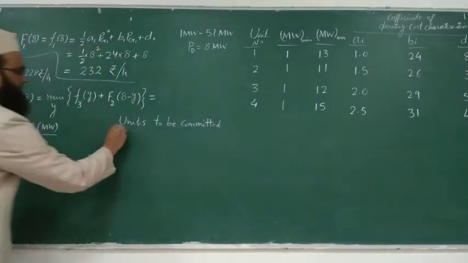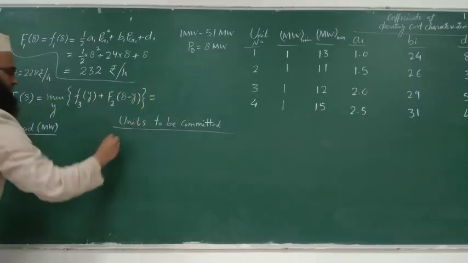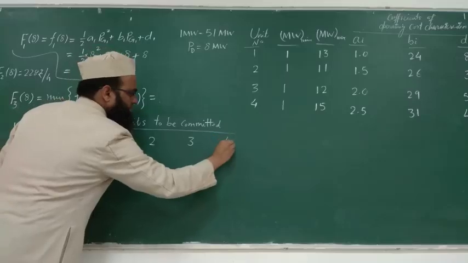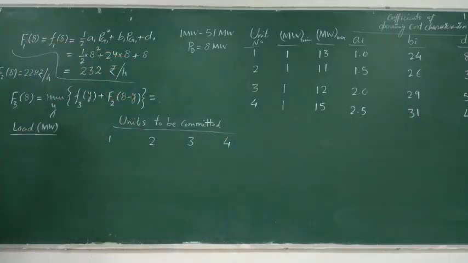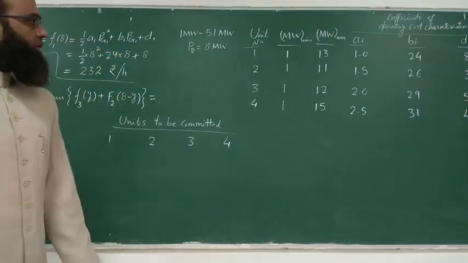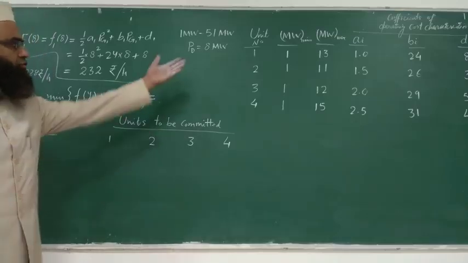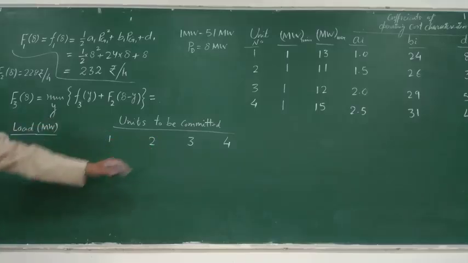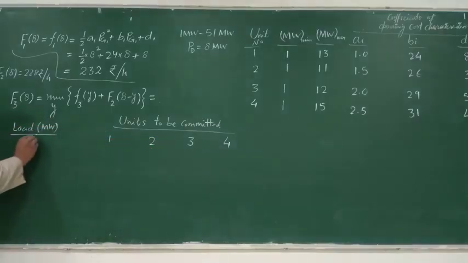So the units are unit number 1, 2, 3, 4. We have 4 units. So write all the numbers of units. So these are unit numbers 1, 2, 3, 4. Units to be committed. And load may vary starting from 1 megawatt.